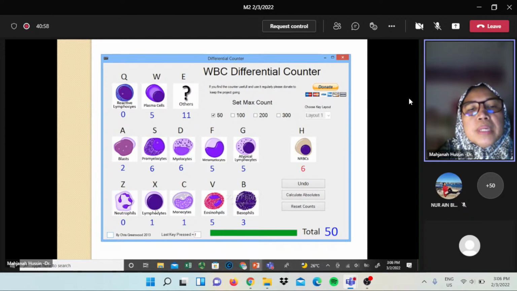If it is one big nucleus inside, that will be a lymphocyte, and here with a lot of granules as well, this is a monocyte. This is how an eosinophil looks, and this is how a basophil looks. After having been counted, this person has 50 altogether of this type of cells.